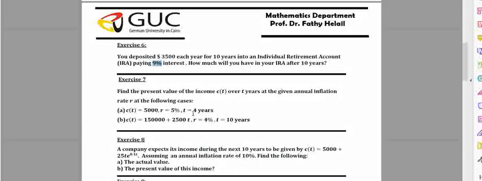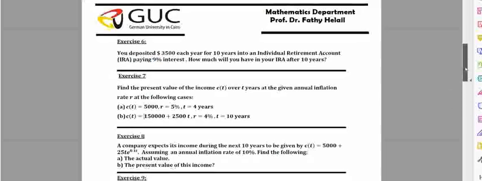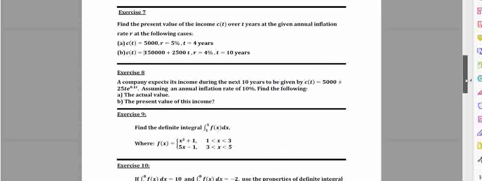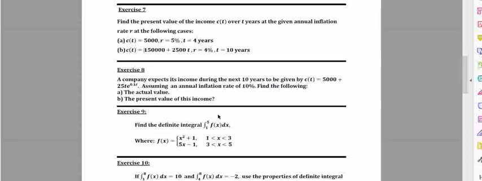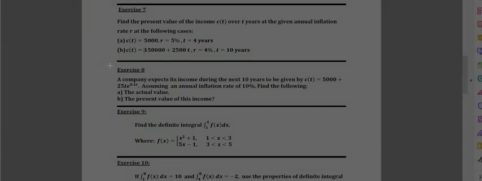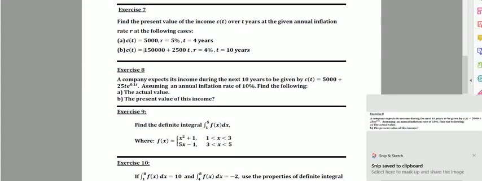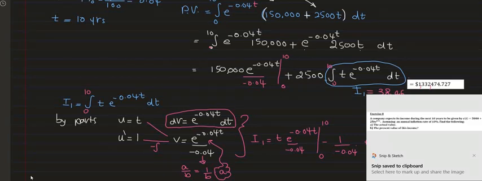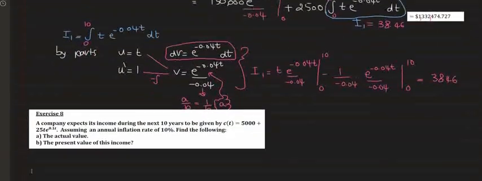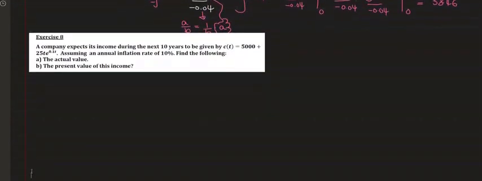Okay, let's move to exercise 9, or exercise 8 first. A company expects its income during the next 10 years to be given by C of t, that's the income function, assuming an annual inflation rate.